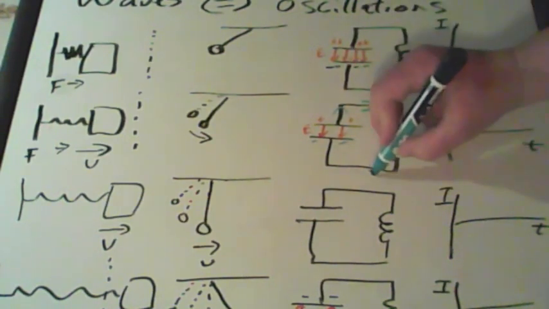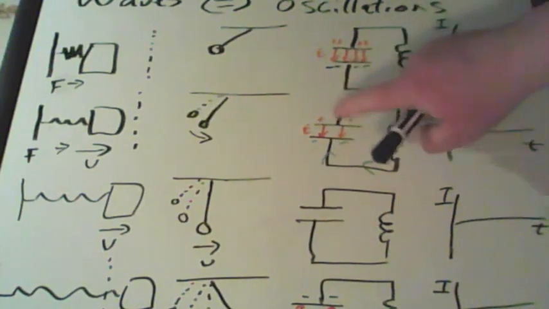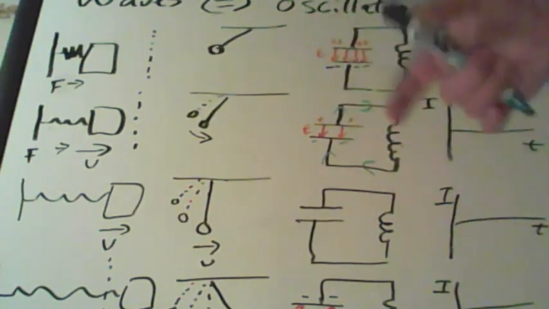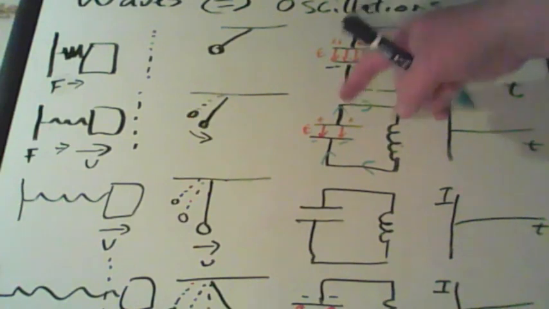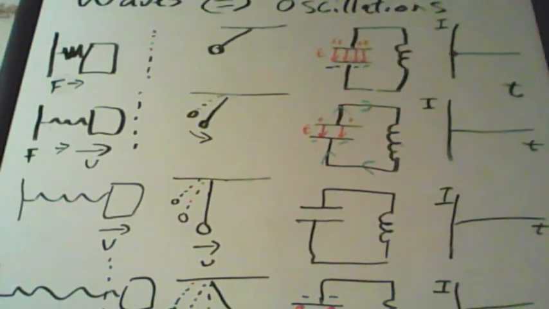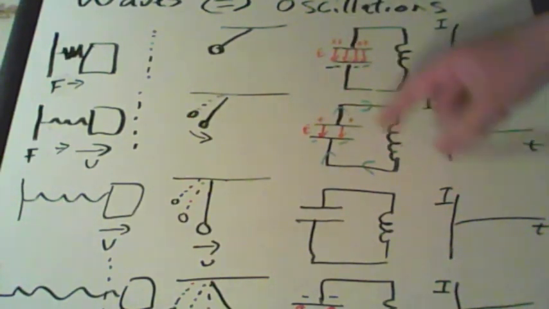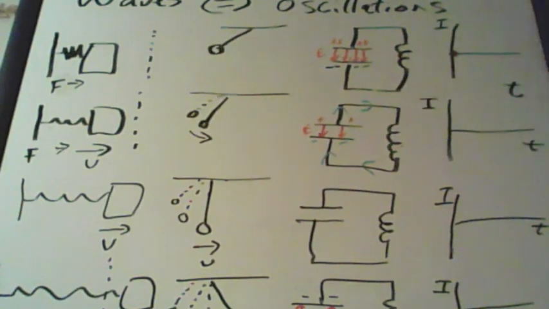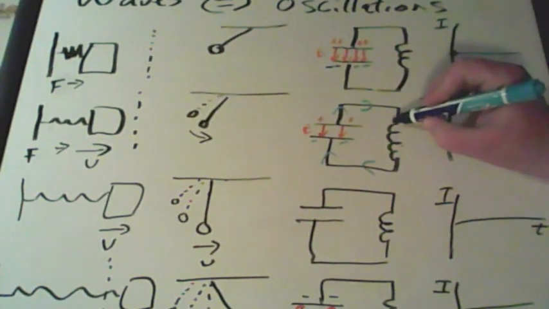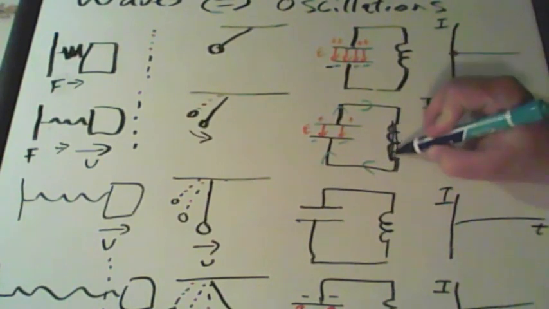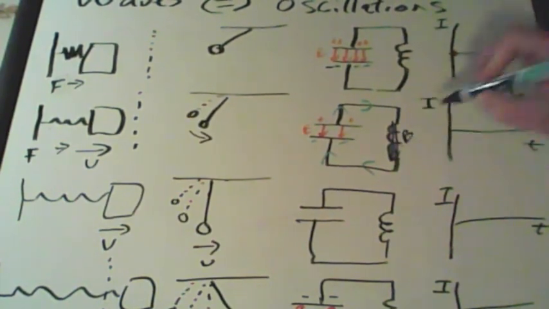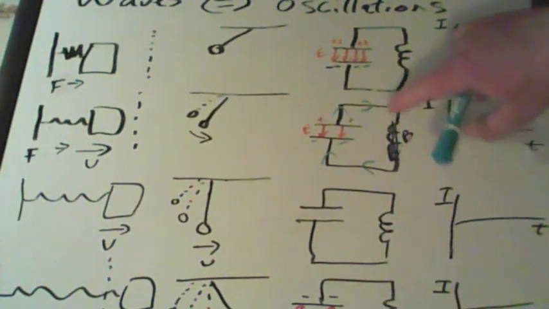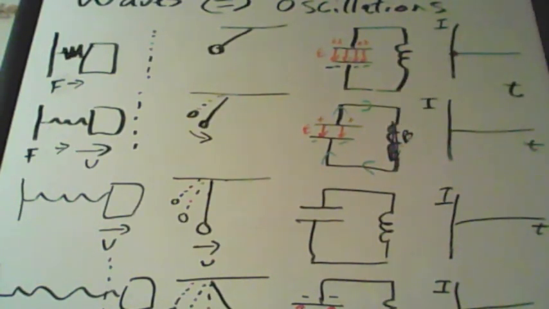It'll begin to flow around here and here. As that happens, the capacitor will discharge. You'll lose the electric field. But in sending current through a coil, you're going to build up a magnetic field through the coil. And initially, that change in magnetic field is going to want to oppose change. So it'll go by self-inductance.